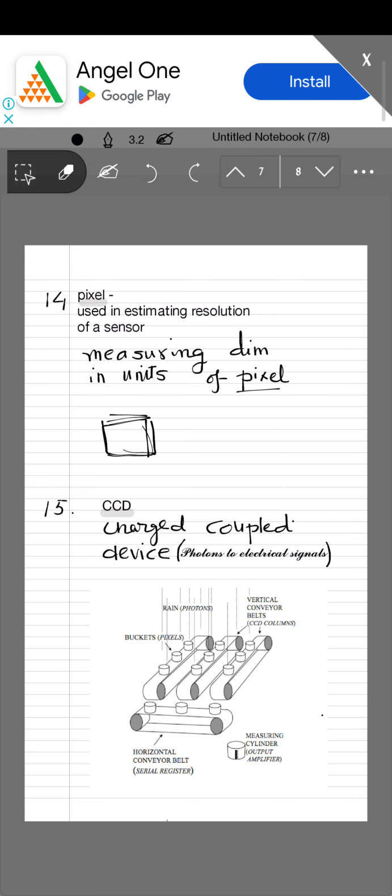The detection of light takes place through a device called a charge coupled device, where photons are used to form electrical signals, and we have a conveyor belt consisting of pixels, as can be seen here. These are the pixels, and these are the photons falling on the device, and the conveyor belt moves to change the location of the pixel.